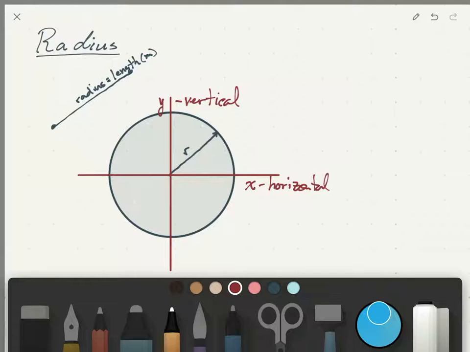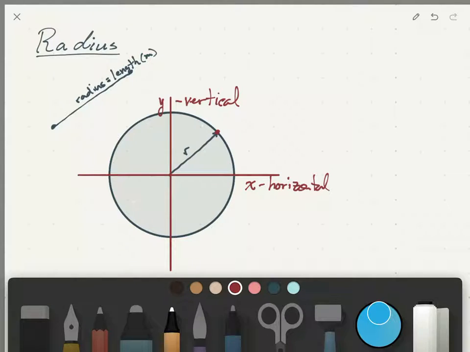If we have these two axes, we refer to them as the rectilinear coordinate system, which means that the axes are perpendicular to one another. I like to refer to it as rectangular.